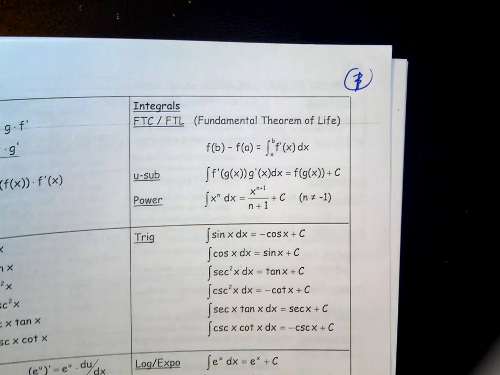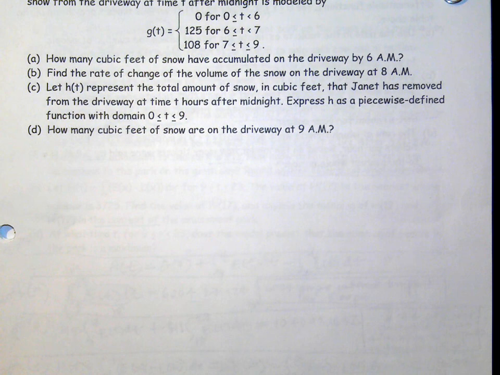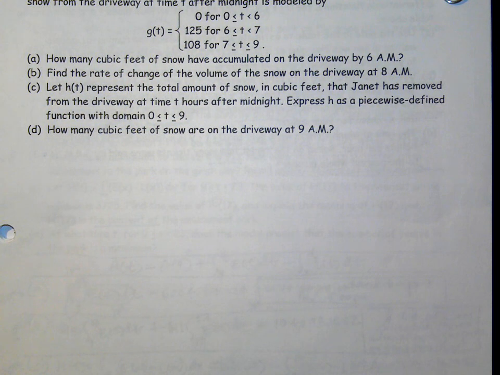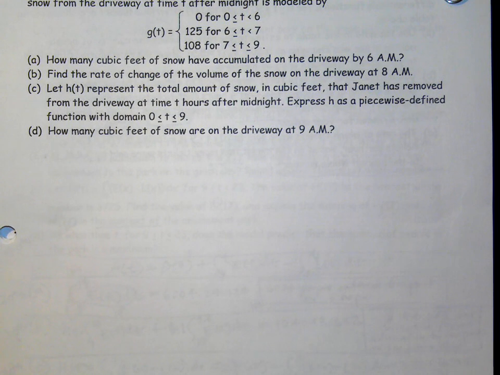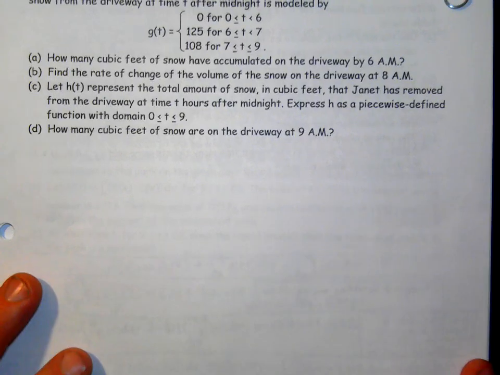Now, you get about 15 minutes per problem here when you're on the AP test, so you've got to be working. Okay, here's another good classic rate model problem. And we're allowed to use a calculator on this. So let's see.